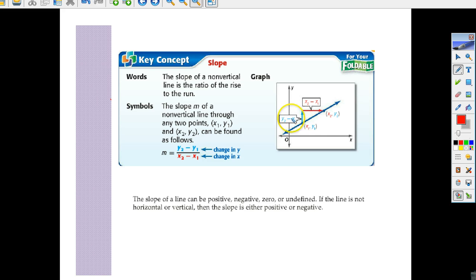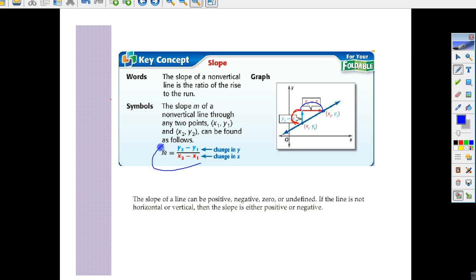Okay, if you don't have those little boxes, then you know this one is y1 and this point up here is y2. So this change, this distance here, can be calculated by doing y2 minus y1. Same goes for the x. The distance from here to here, you can calculate by doing x2 minus x1.